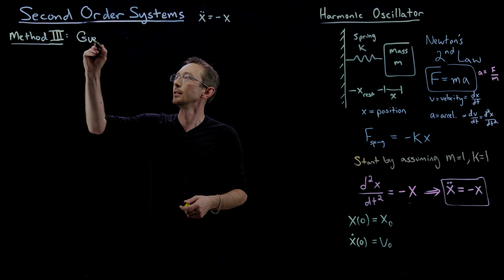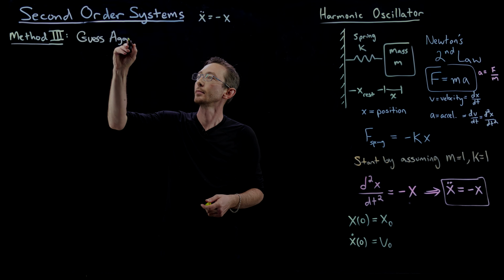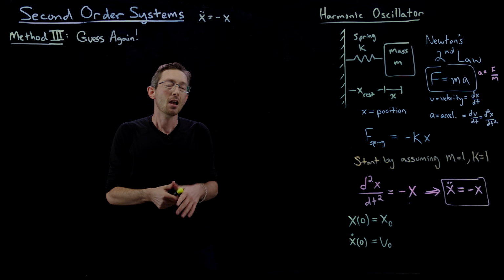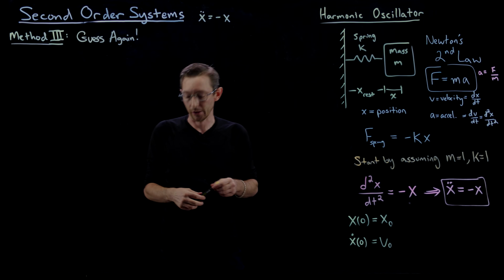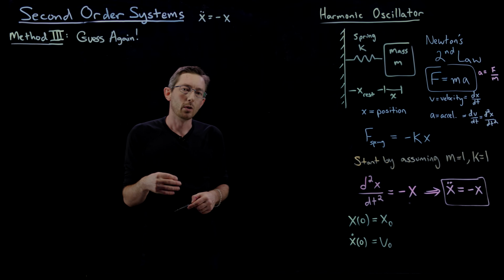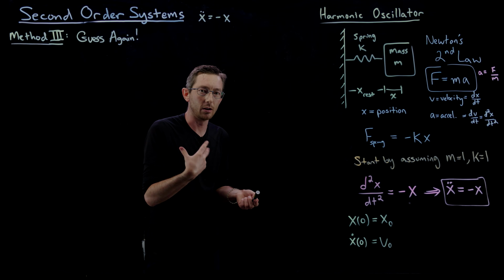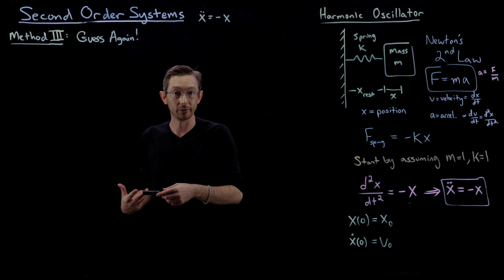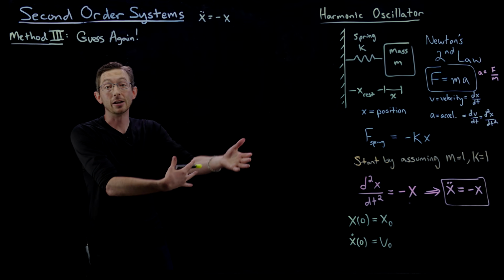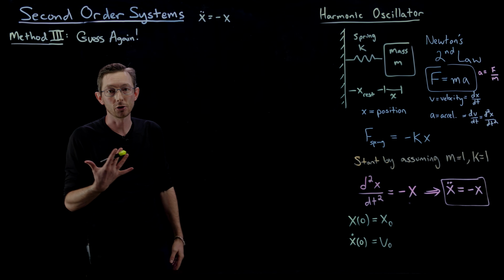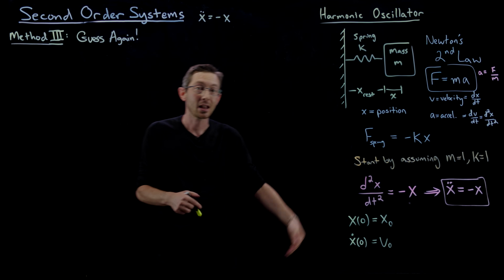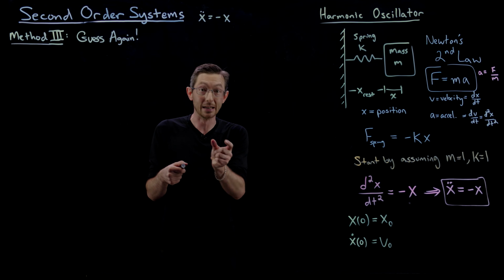But instead of guessing that our solution x of t is some cosine solution, we're going to guess something a little different. Remember, what function, when we take its derivatives, up to a constant looks like itself? In first order systems, x dot equals lambda x, we saw that the exponential function was the very natural solution, because if I take the derivative of e to the lambda t, I get something that up to a constant is also e to the lambda t.